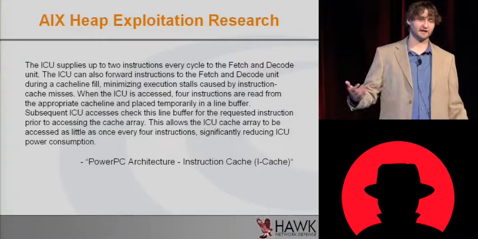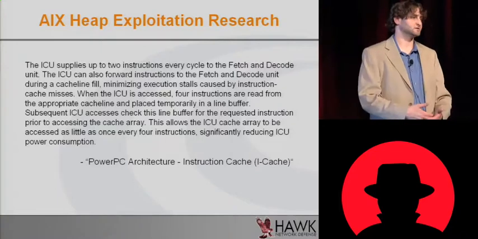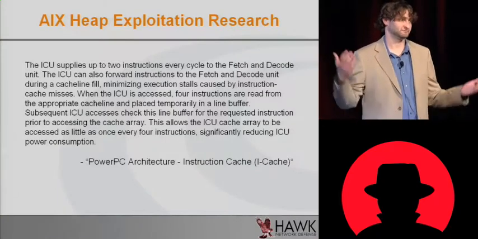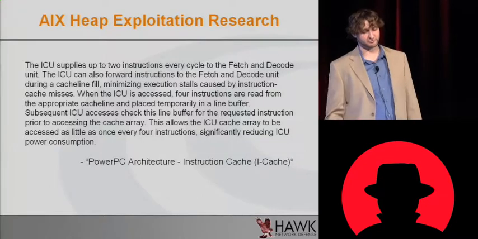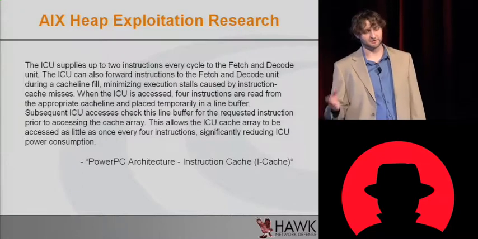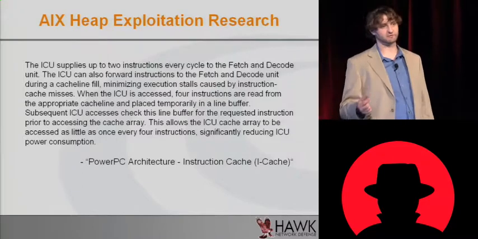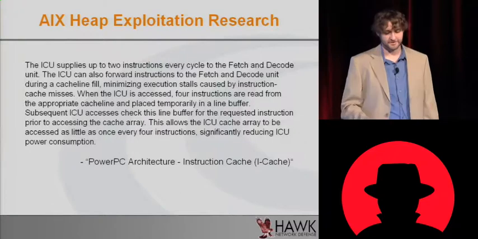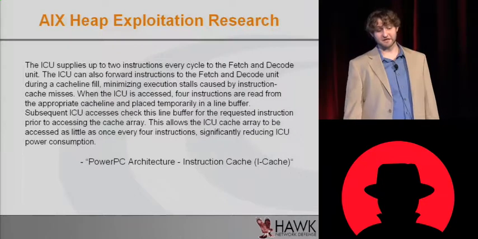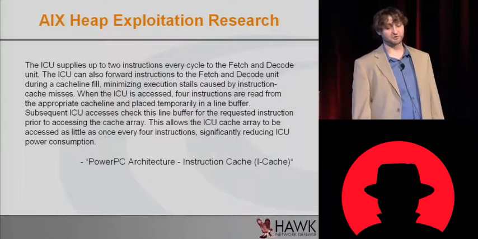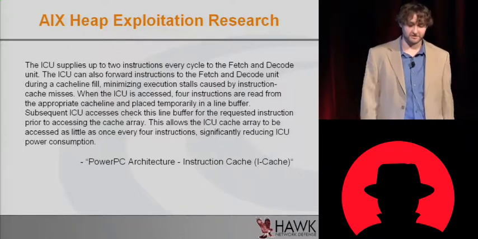By doing that, it's reducing the reads in half. You like that math? Great. All right. So 4 instructions are read from the cache and then placed in a temporary buffer, a tiny little buffer that's in the processor itself. Then the cache is accessed only once every 4 instructions. That's what I'm trying to say.